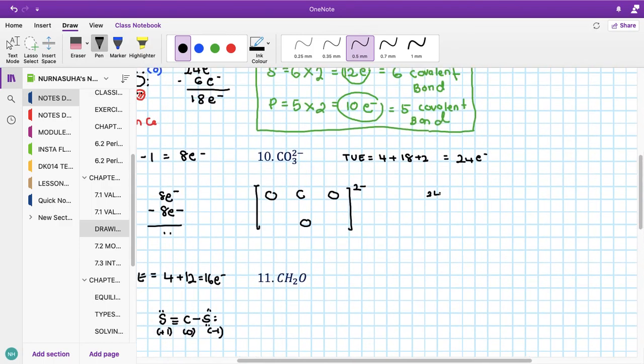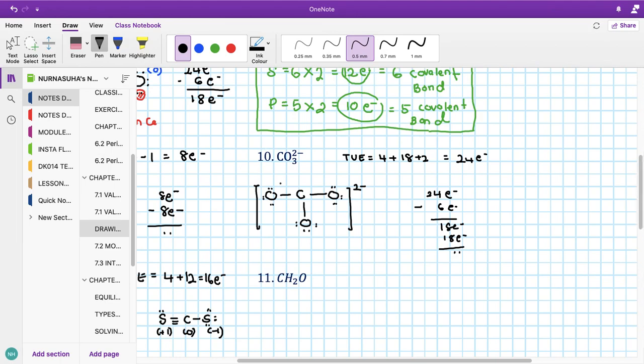Okay, 24 electron. So minus 6. So we have remaining 18 electron. Put it on the oxygen. Awak tengok setiap kali ada lebihan elektron, Miss akan utamakan terminal atom dulu, iaitu atom luar. So now we use all 18 electron.